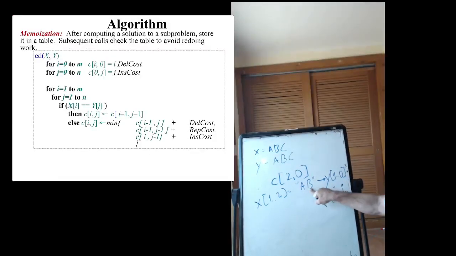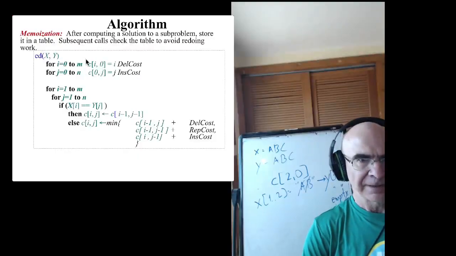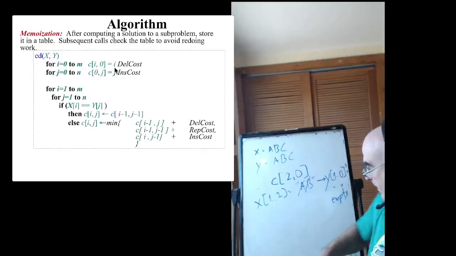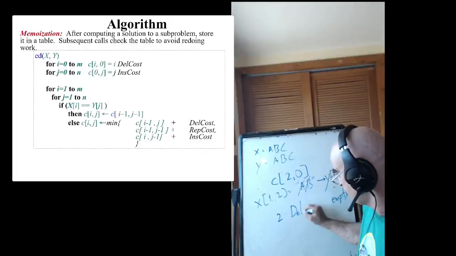What is the cheapest way to take AB and make it into an empty sequence? Well, one option is to delete the A and to delete the B, and probably that's the cheapest option. So the cost will be 2 times the delete cost.